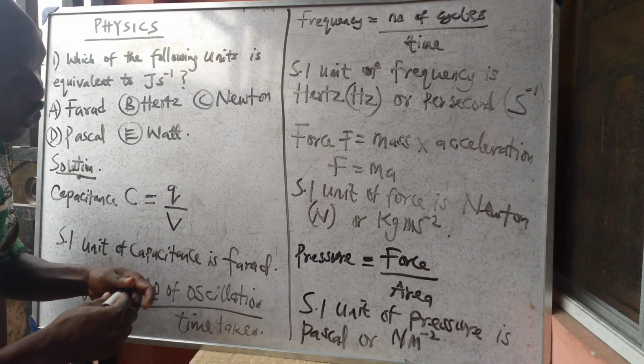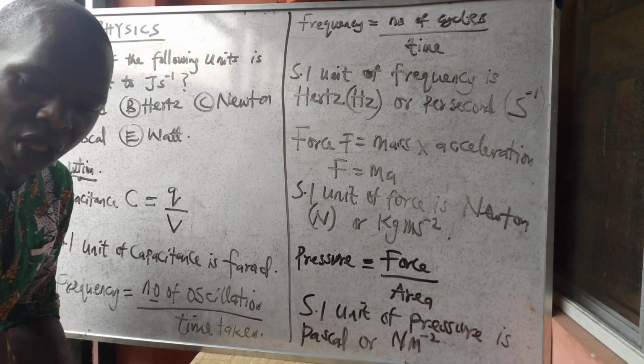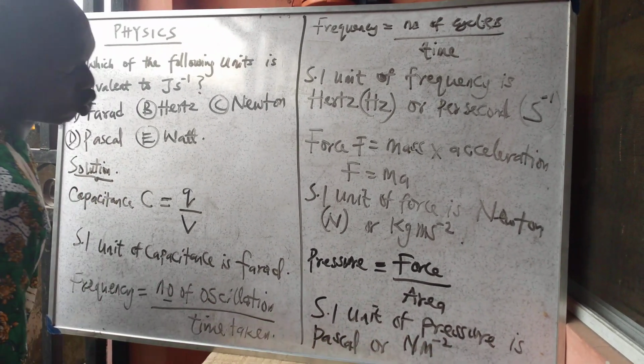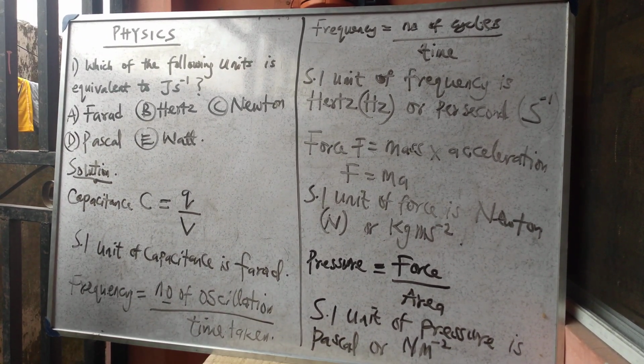Why? You see that force has a unit Newton and the SI unit of area is meter square. So this is Newton per meter square, or it is called Pascal.